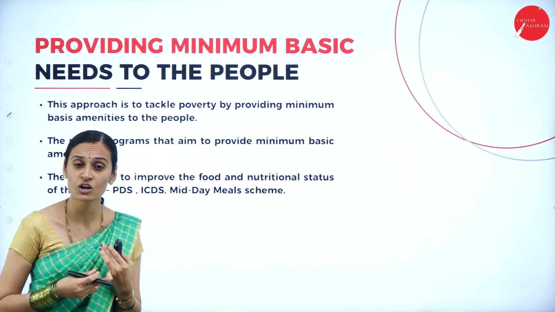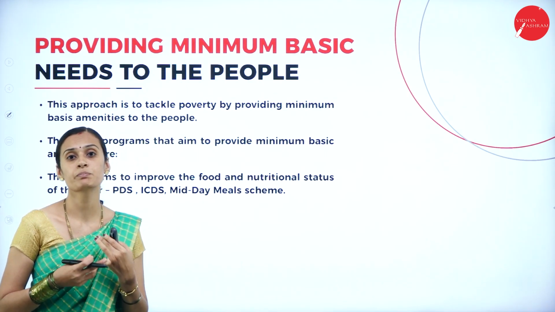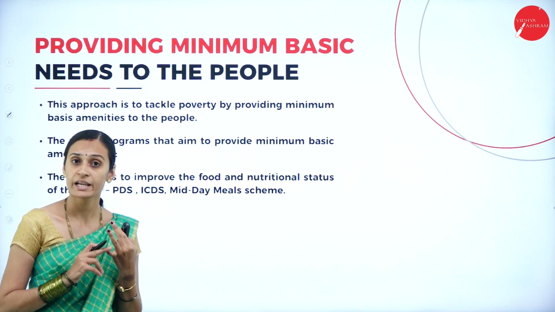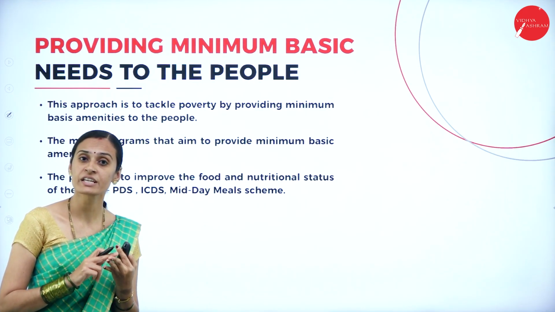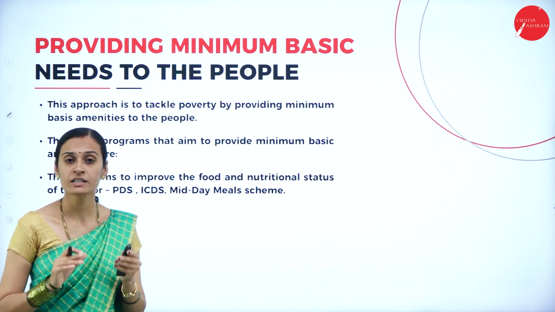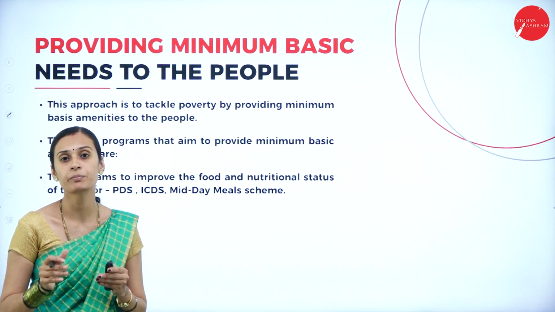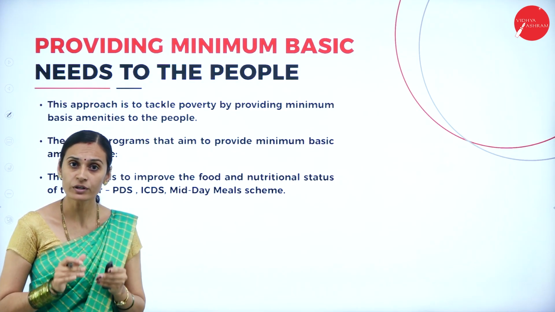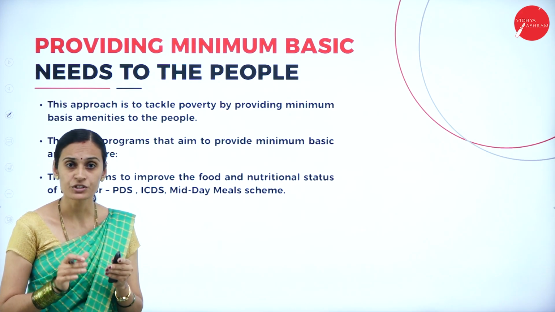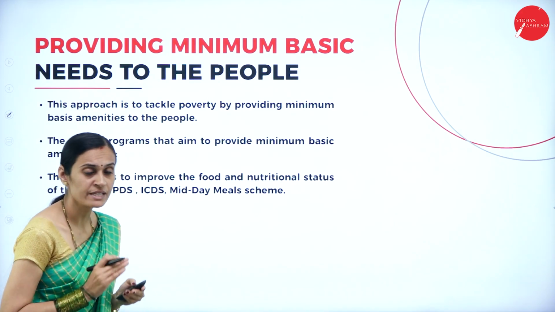The government focuses on providing essential infrastructural facilities to the public: education, health, clean drinking water and road transport. These are considered essential to improve the standard of living of the people. That is also one of the important measures taken by the government, which is why it is very necessary to provide the minimum basic necessities.